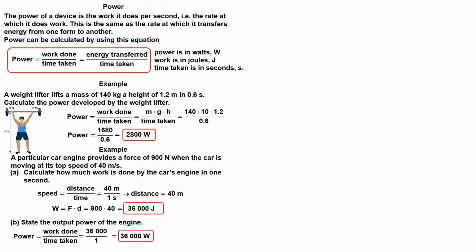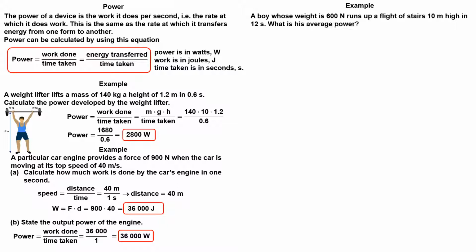Another example. A boy whose weight is 600 newtons runs up a flight of stairs 10 meters in height in 12 seconds. What is his average power?